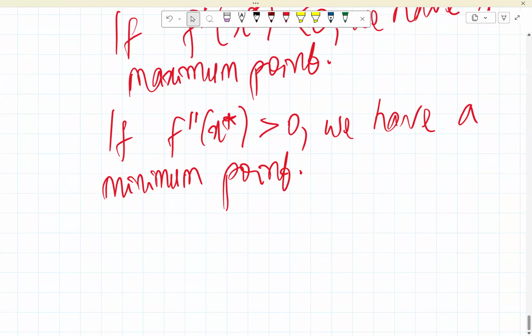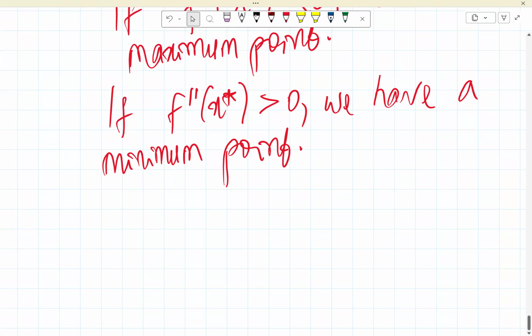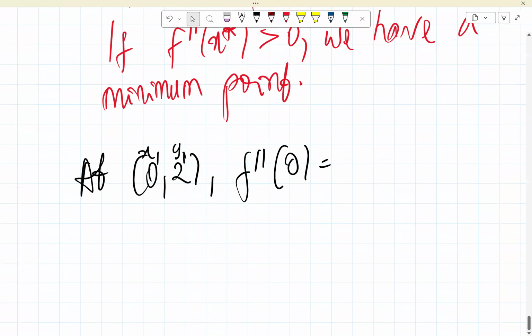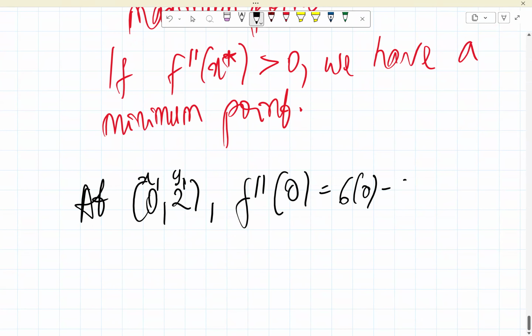So let's do this. At 0, comma 2, this is x1, y1, we substitute the x. So we have f prime prime of 0, which is 6 times 0 minus 6.